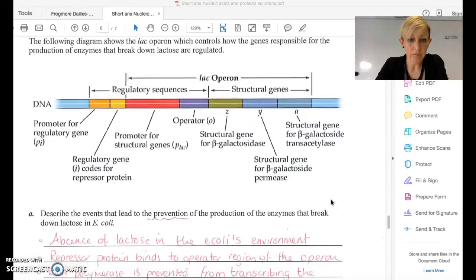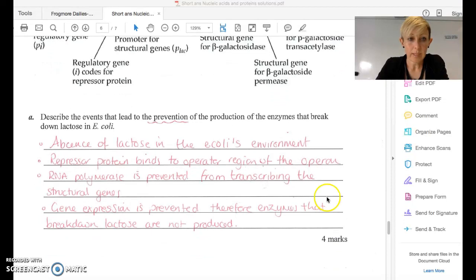Over on the question on gene regulation: describe the events that lead to the prevention of the production of the enzymes that break down lactose. Point 1, the prevention of production of enzymes will occur if lactose is not present. That's your first mark. You can't jump into it without describing the environmental situation that will turn off the synthesis of these proteins.